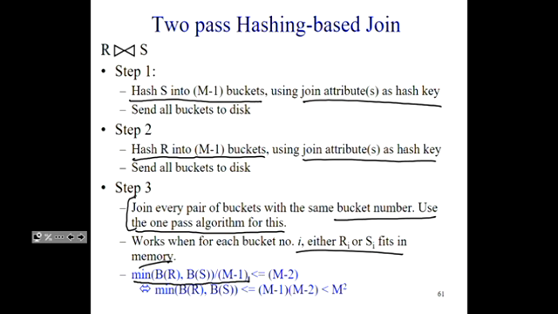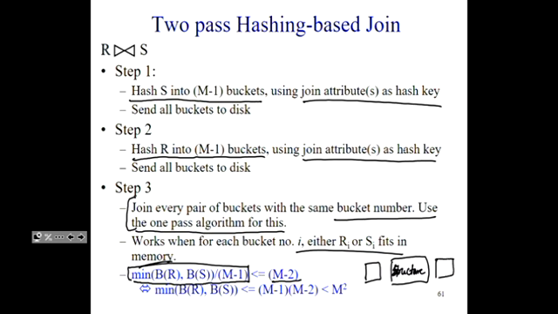This is the least number of blocks in one of the buckets of the two relations R or S. This should be less than or equal to M minus 2. Why M minus 2? Well, I need one block for the input buffer, one block for this structure here, and then one block for the output.